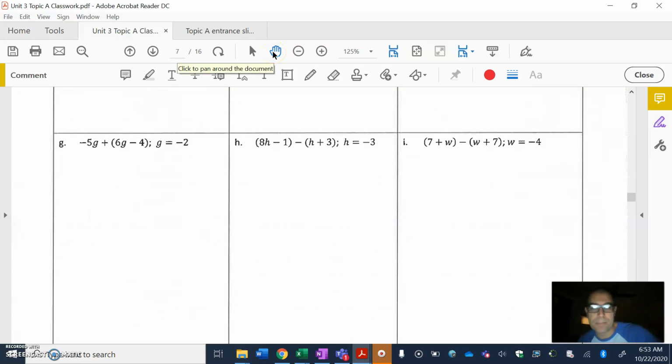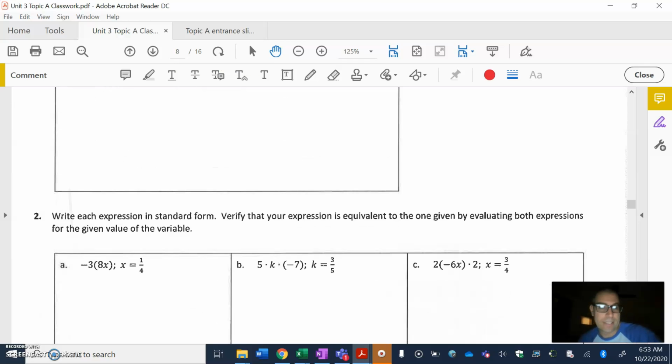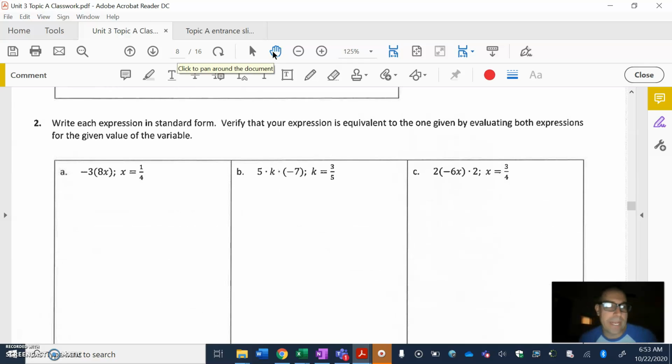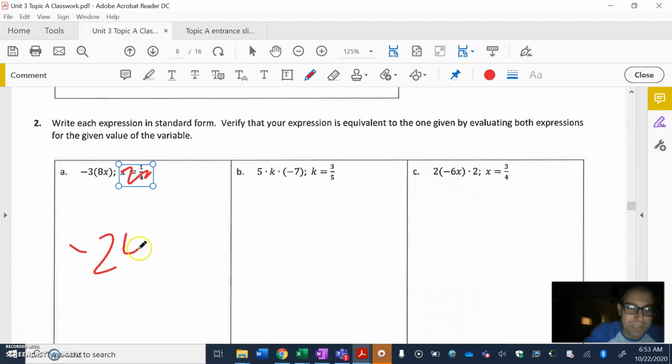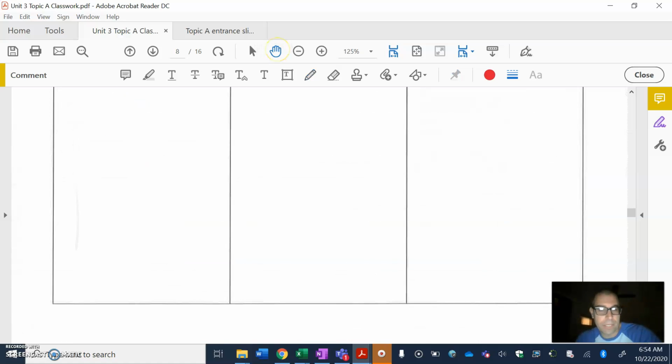Again, we're not worried about the substituting. We are just simply going to clean things up, like negative 3 times 8x. It's negative x. That's it. Not a lot going on in that particular problem. Don't worry about any of the substituting. Anything else to point out? No, you're good there.